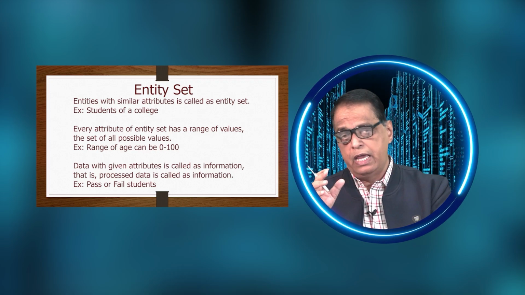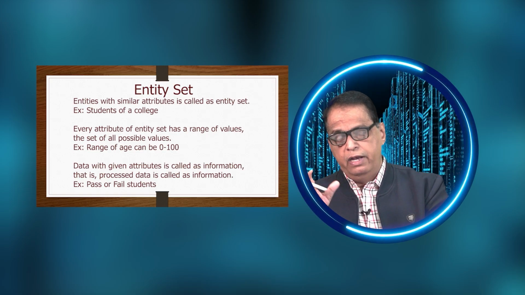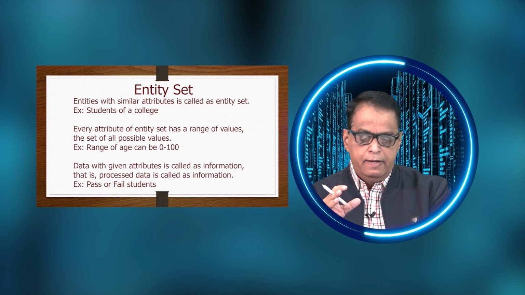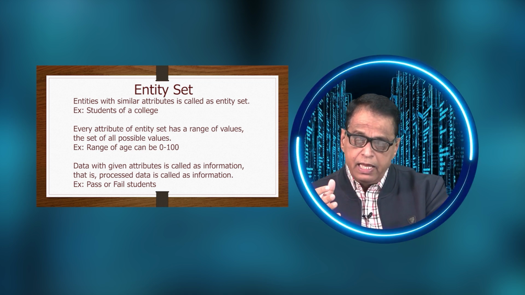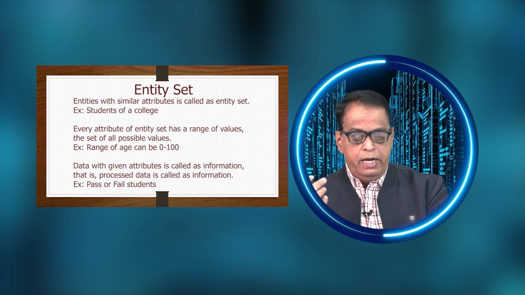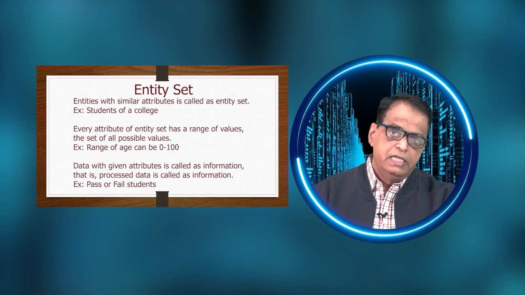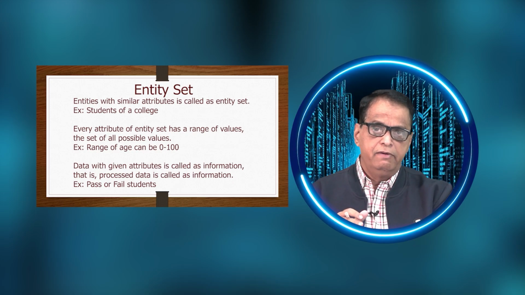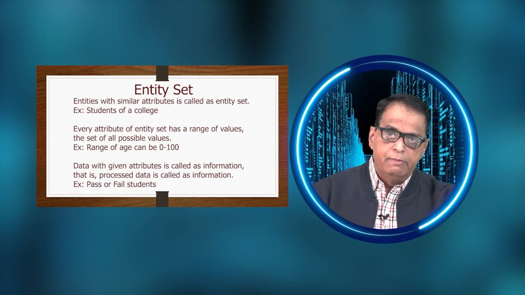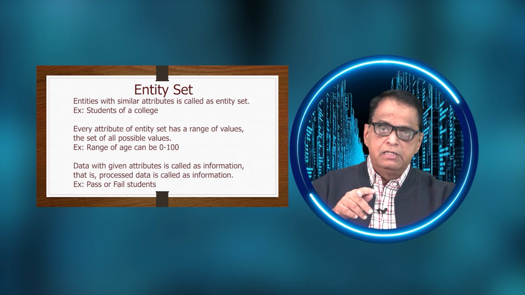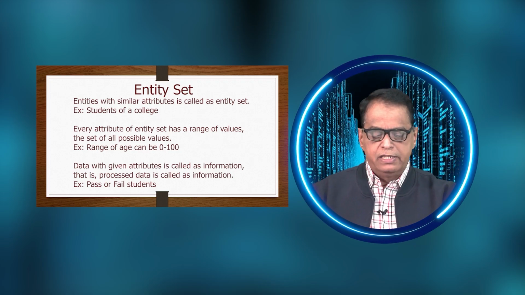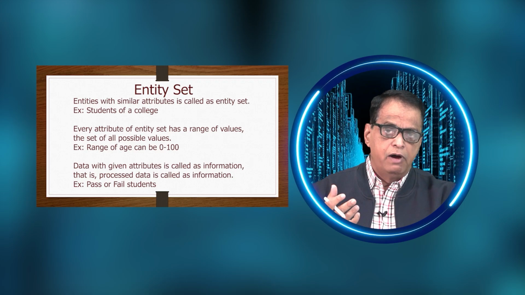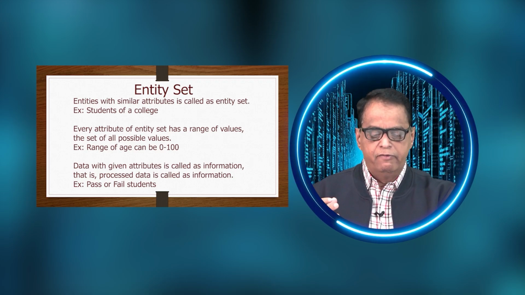Whenever we have a data element and some value or attribute associated with it, from that we can infer some information. So data with the given attribute is called information. Information is always collected from the facts or from the data elements, and the data elements along with their attributes are called information. So you can say that whenever we process the data, what we extract from the data is the information.